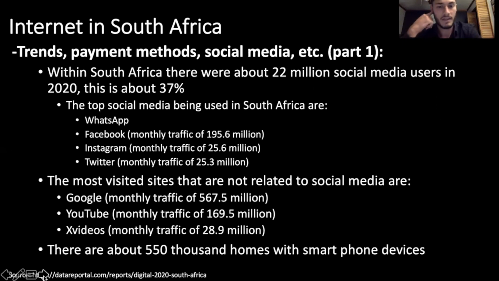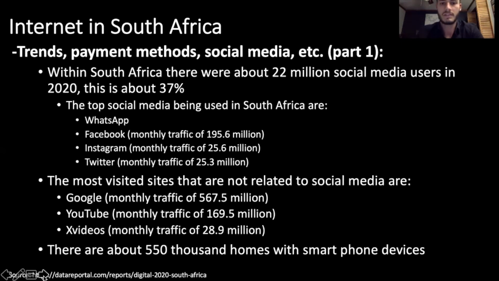As Dedrick and I and some of our other group mates have said before, Facebook is quite dominant in most of the countries around the world. As you can see, it's more than almost triple the amount of Instagram users and Twitter users compared to Facebook.